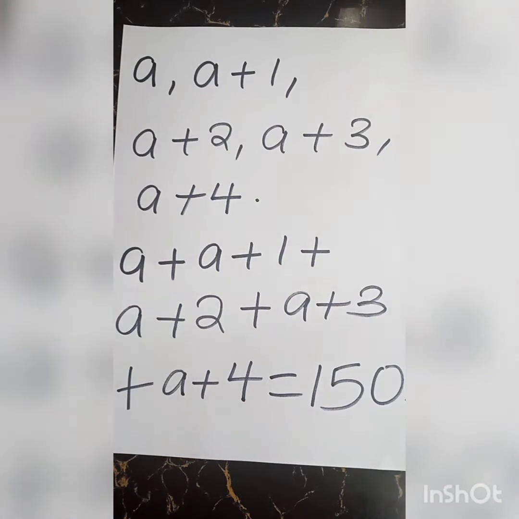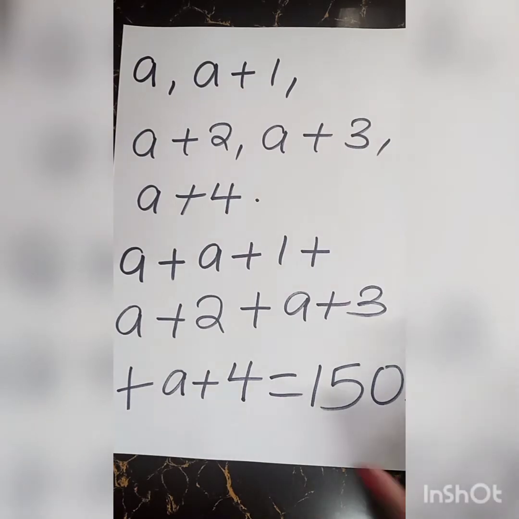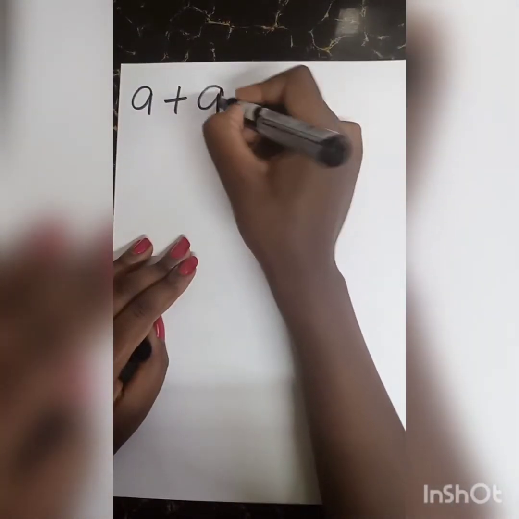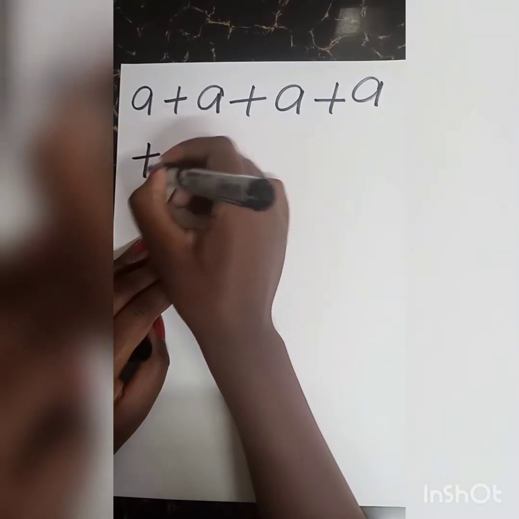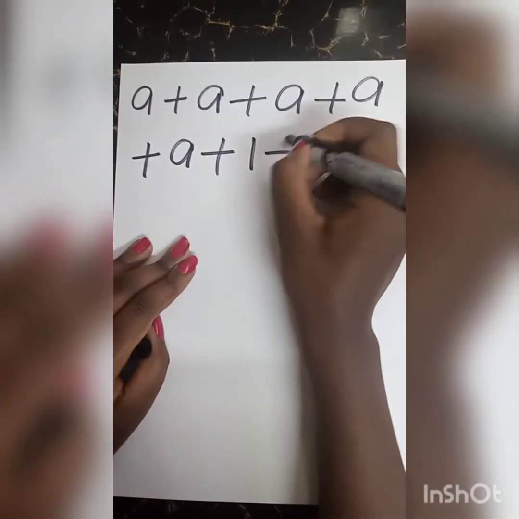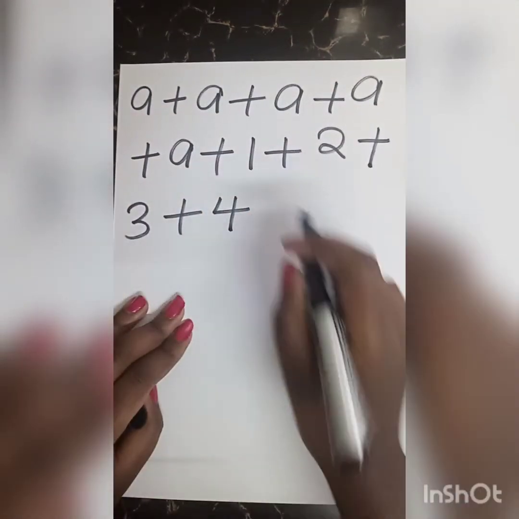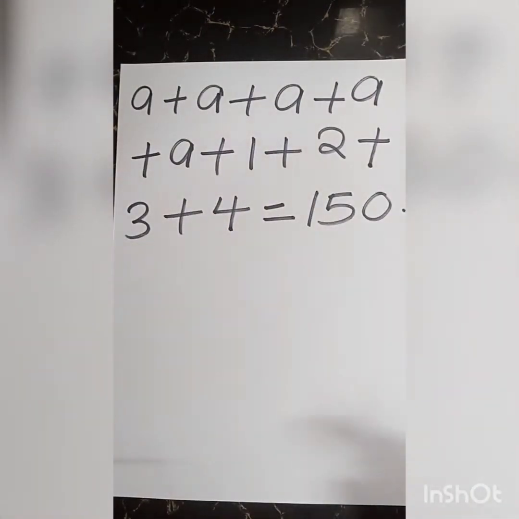Okay? So let's now collect the like terms together. So we now have, when we collect the like terms, A plus A plus A plus A plus A plus 1 plus 2 plus 3 plus 4 is equals to 150, okay?